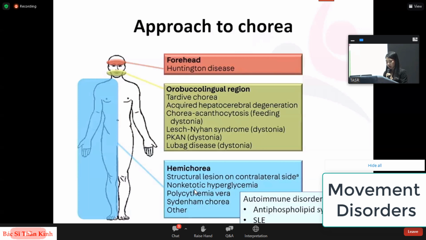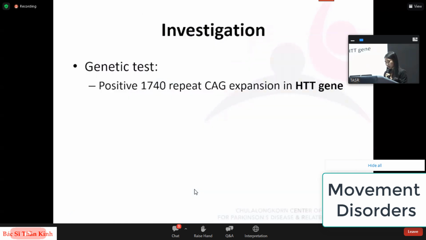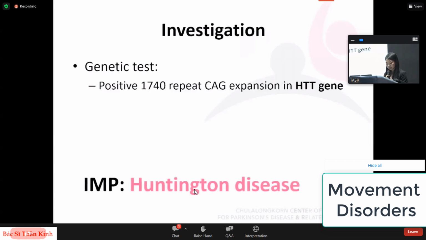That is very specific to Huntington disease, and from the history of this case, it is chronic progressive, and also she has a positive family history in an autosomal dominant pattern. So the diagnosis points to the autosomal dominant group of primary chorea. She had the genetic test, which revealed a positive CAG repeat expansion in the HTT gene. So this patient was diagnosed with Huntington disease.